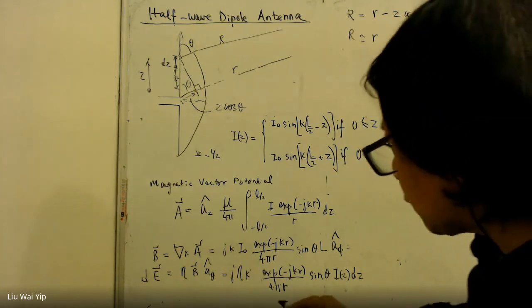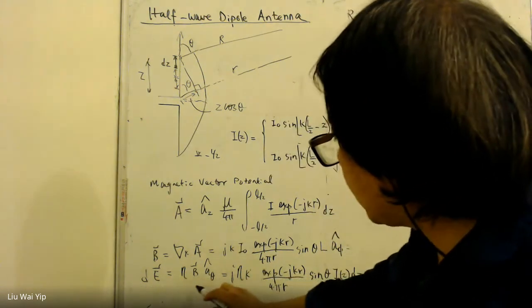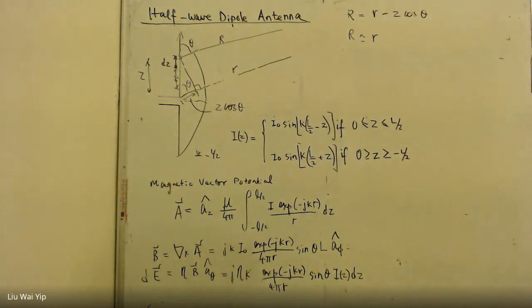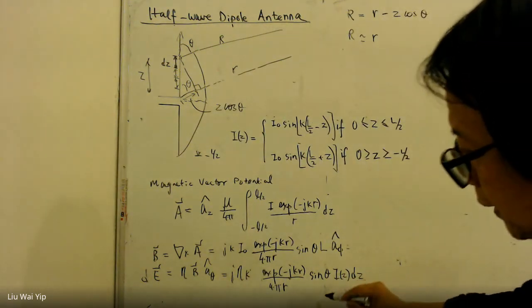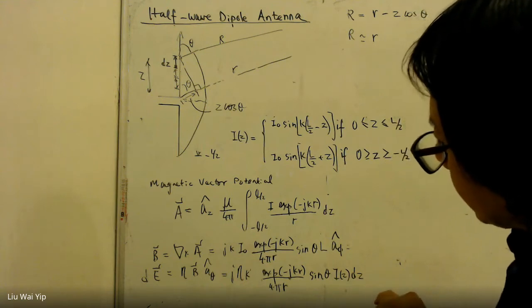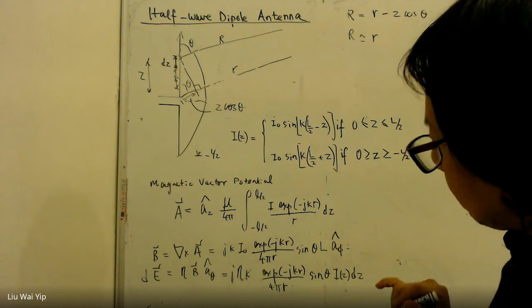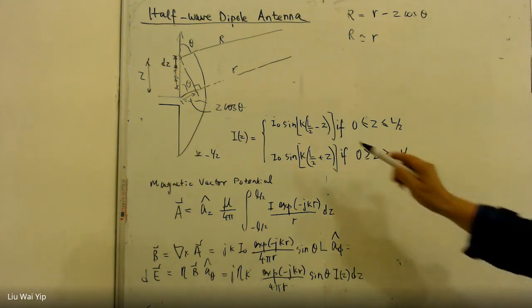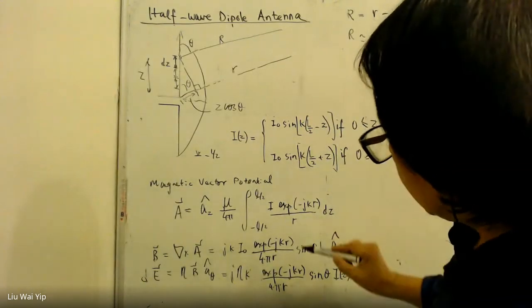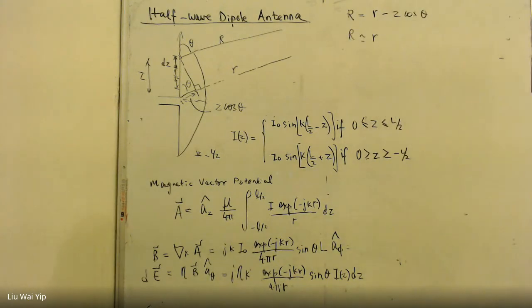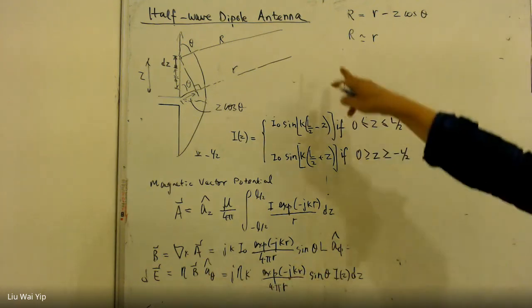So now we are going to find the radiation pattern of the whole length of half-wave dipole based on the result we have got here. The length here is little r, but this is not enough. This little r, we are going to calculate the big R here. So what we can do is to rewrite the expression over here.